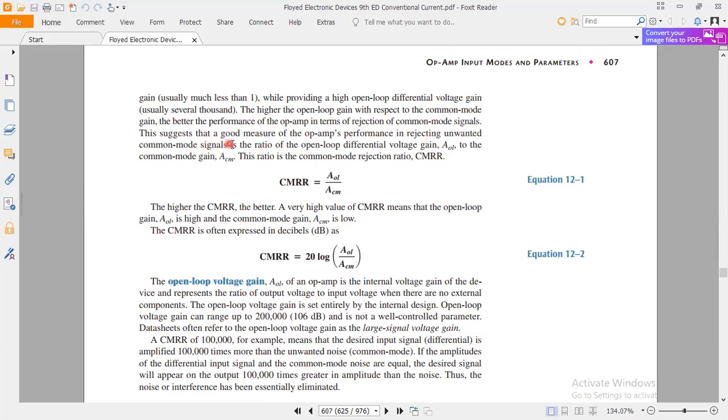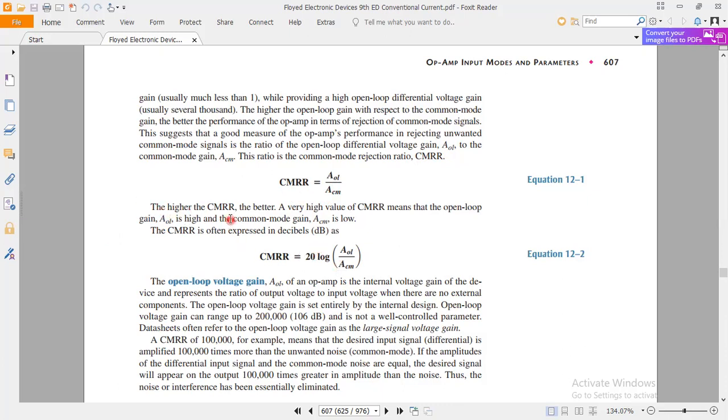This suggests that a good measure of an op-amp's performance in rejecting unwanted common mode signals is the ratio of the open loop differential voltage gain over the common mode gain. The ratio of these two terms gives the value of the common mode rejection ratio, and if we want to express it in decibels, we have to convert it this way.